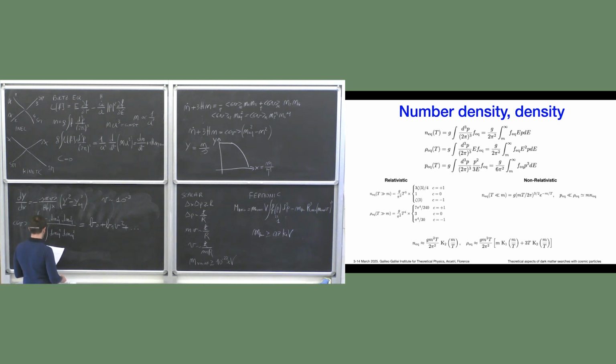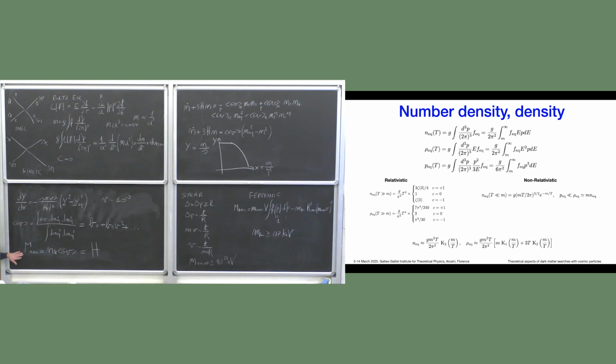Okay, so now the two important quantities to evaluate the evolution of dark matter density are the annihilation rate, that is equal to the density of dark matter multiplied by the thermally averaged cross section, and how this is compared to the Hubble rate.